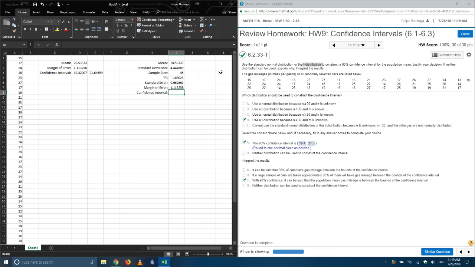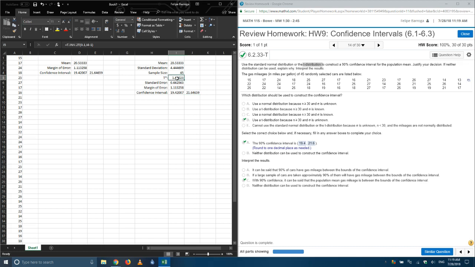And then to get our confidence interval, we're just going to take the mean and subtract and add the margin of error. All right, that's pretty much it.